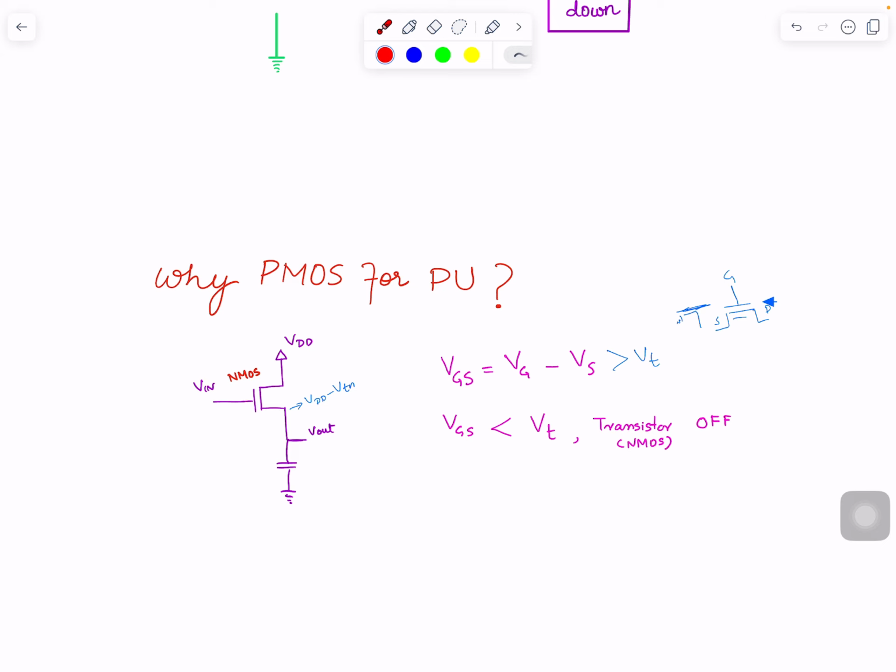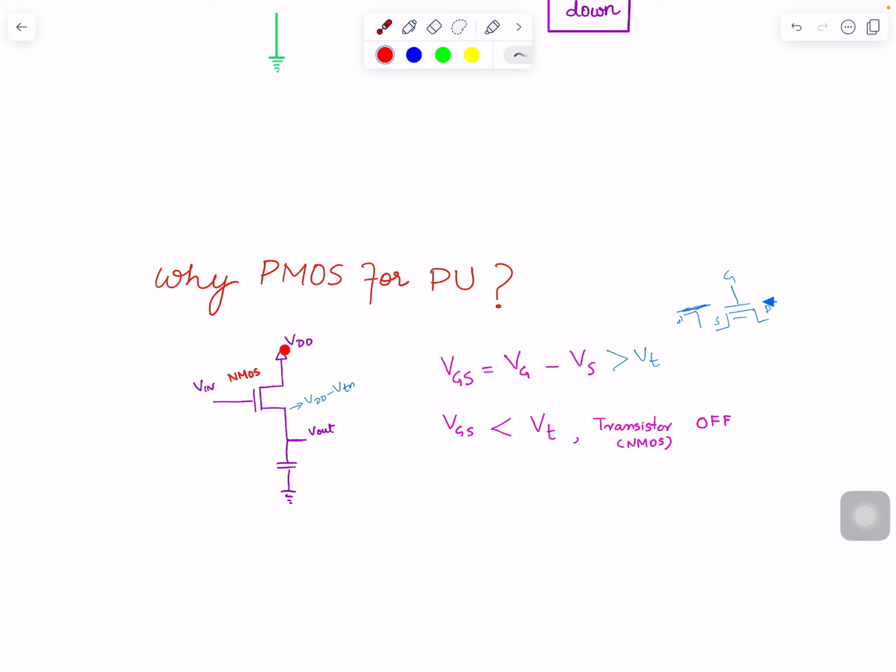At some point, when this voltage reaches VDD minus VT, with the gate at VDD, VDD cancels and VTN is the net one. When this point reaches this voltage, the transistor goes into cutoff region and actually stops. It is disconnected, and the last voltage this point gets, the maximum charging, is VDD minus VTN.